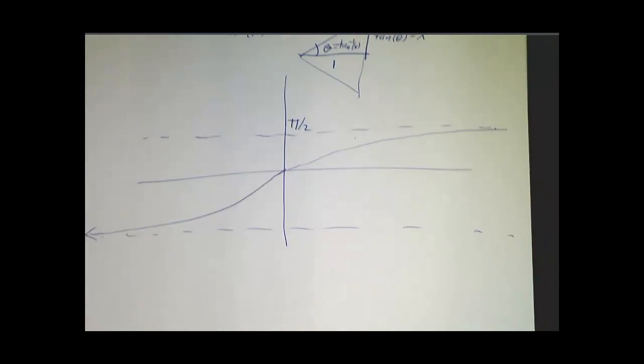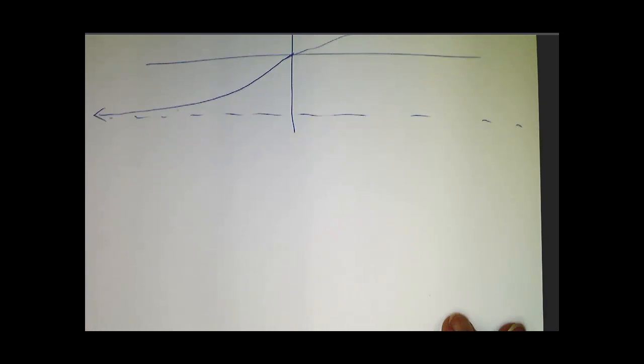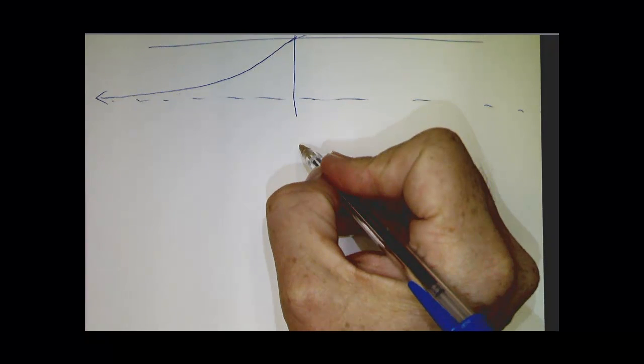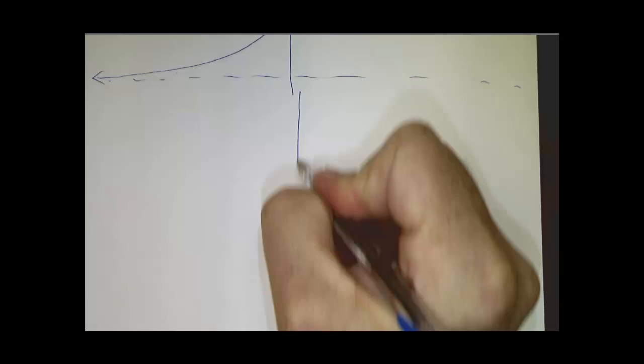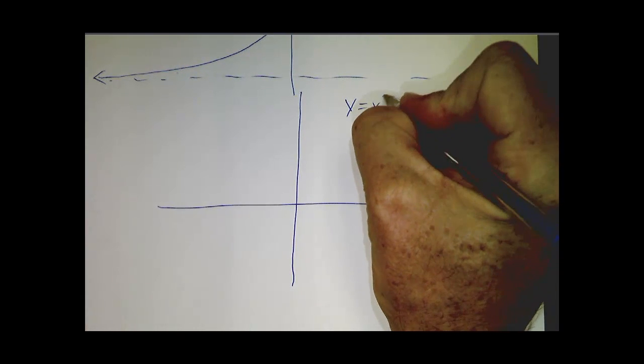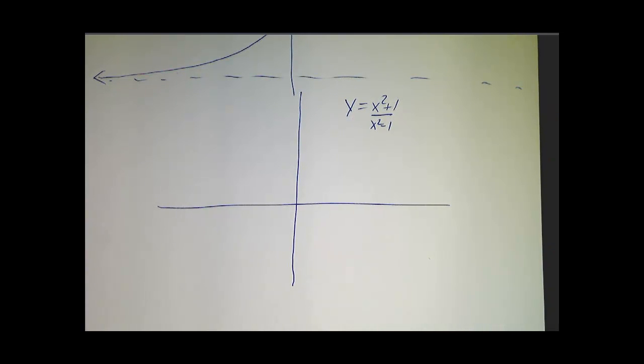Now, we've also seen examples of curves with one horizontal asymptote. We earlier looked at the function x squared plus 1 divided by x squared minus 1. What happens as x goes to infinity?